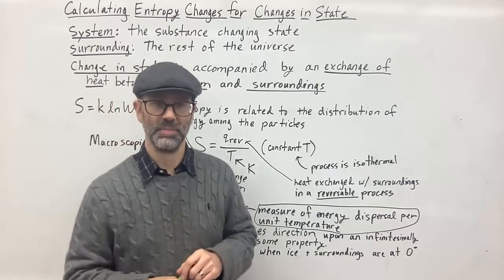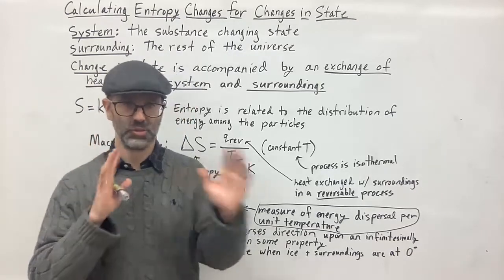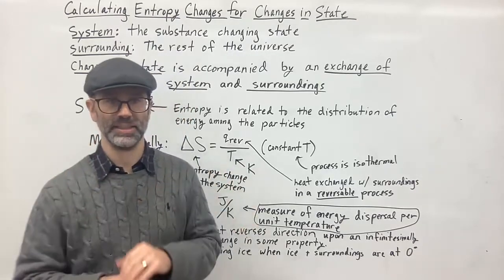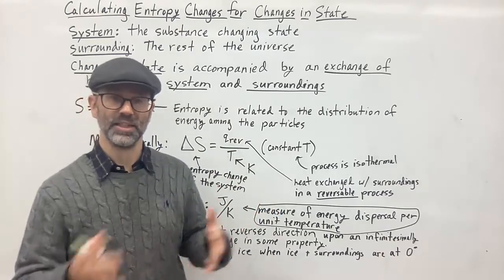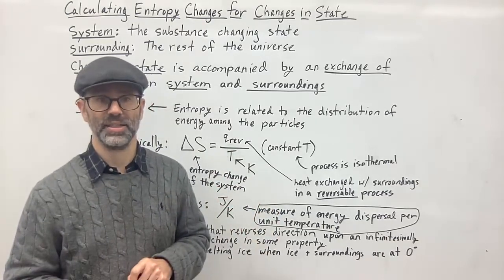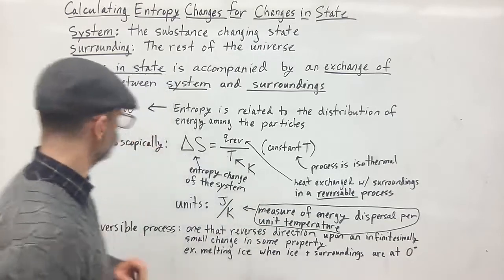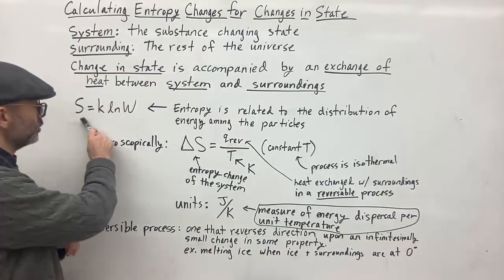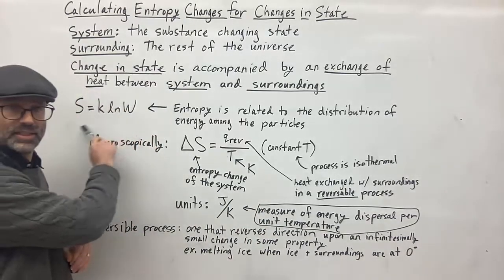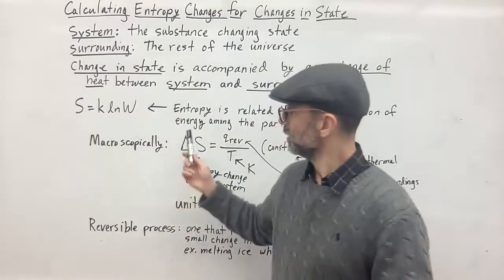So got to keep that in mind. So we got the system and surroundings, and we got this exchange of heat during the change of state. And so, bringing back to our attention this equation again, the equation for the entropy.